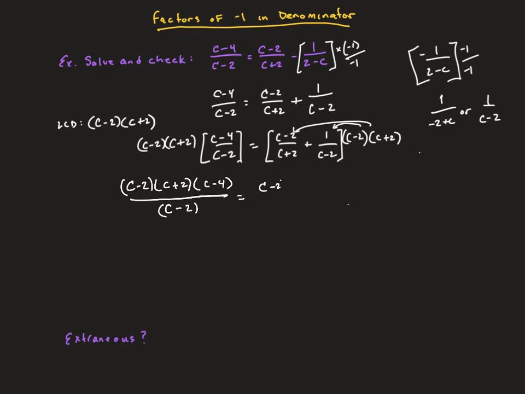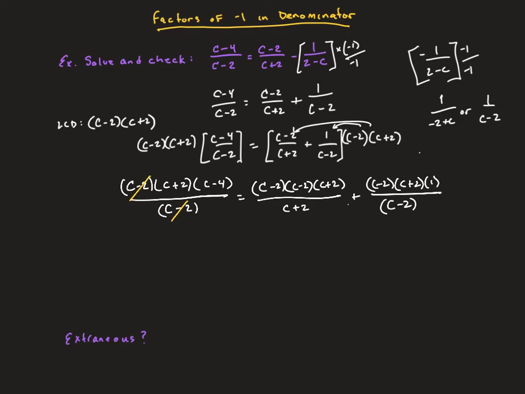I'm going to have c minus 2 times c minus 2 times c plus 2, all of that over c plus 2, plus c minus 2 times c plus 2, and of course times 1, all of that over c minus 2.